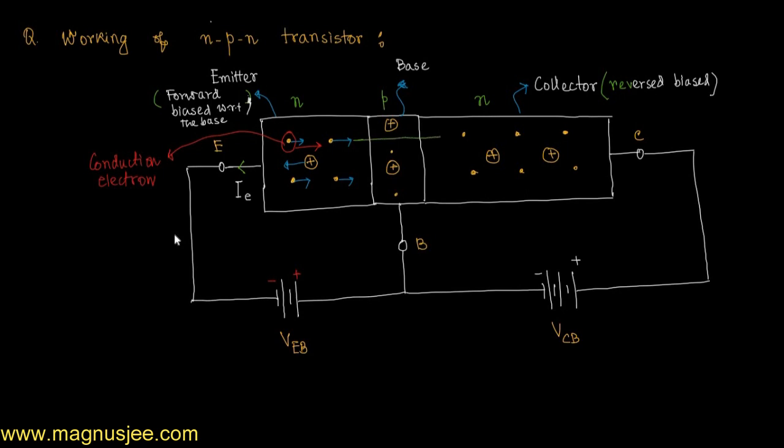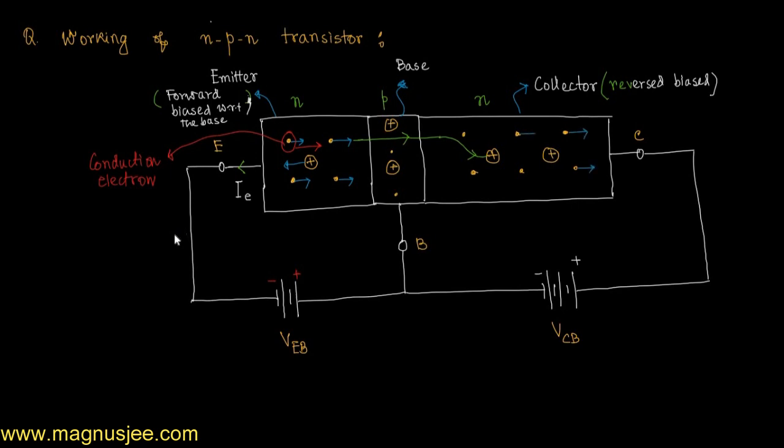Now the conduction electrons, the majority charge carriers from the N-type emitter, will migrate into the collector through the base. These conduction electrons coming from the emitter will recombine with the holes, the minority charge carriers of the collector.